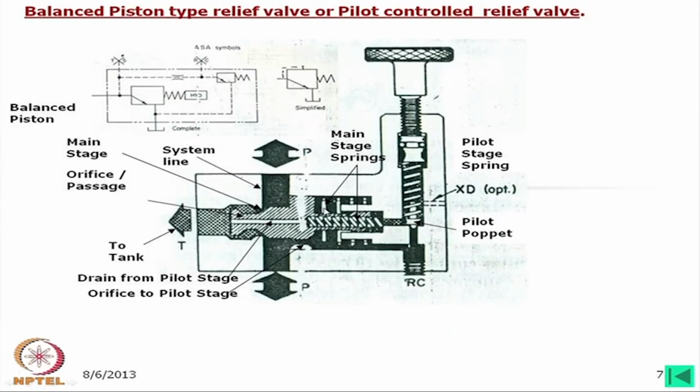That means the reduction of pressure here is not very high, or in other words the pressure here and the pressure this side differ by only a small amount. With that difference, this piston remains at its position for much longer than in the direct acting valve.